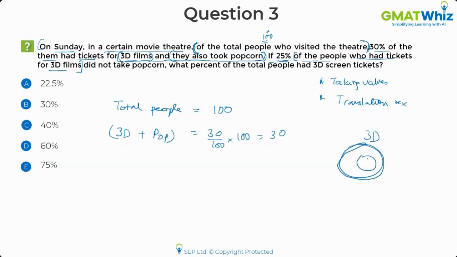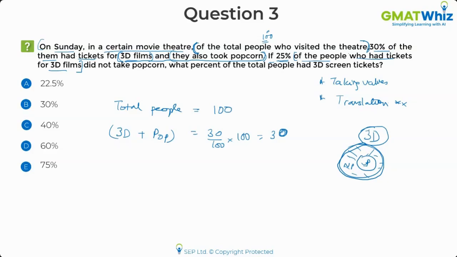Some of them have taken popcorn, and the rest have not. Now, 25% of the people who had 3D tickets, so they're talking about the whole big chunk, all people who had tickets. That information I don't have. All I know is that 30 of them had popcorn. I have no information about this.